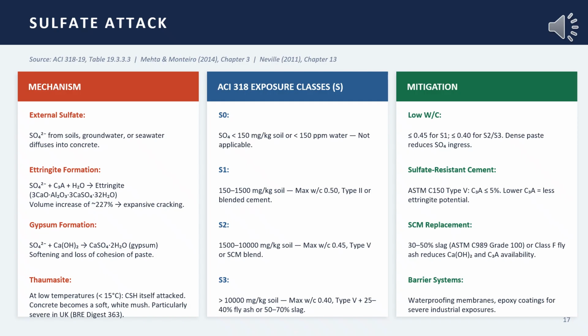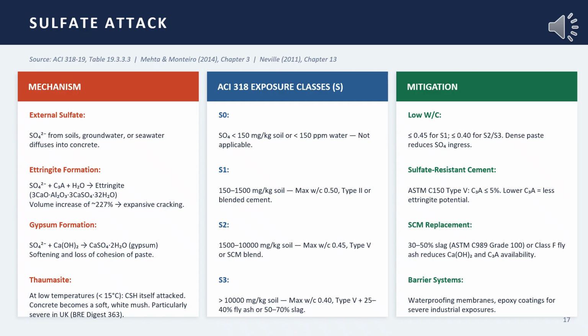So I don't see the reason why I should be covering the other topics in depth. So I leave those topics for you if you are interested. You can go through the contents and check for yourself. I have mentioned also the resources from which you can collect the additional information or knowledge about these topics. So let's discuss the sulfate attack.